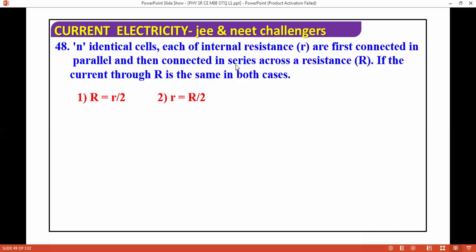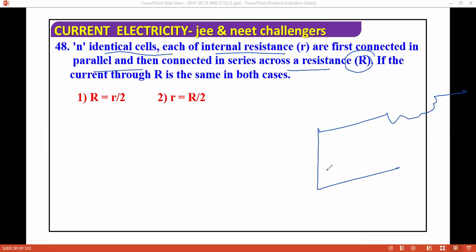Next question, on internal resistance. Cells are first connected in parallel and then in series across the resistance R. Basically the external resistance is R only, and we are playing with identical cells in parallel and series.